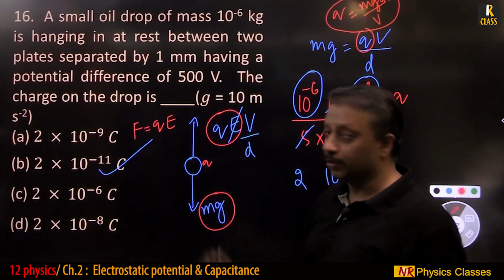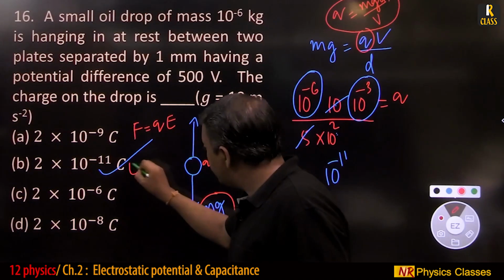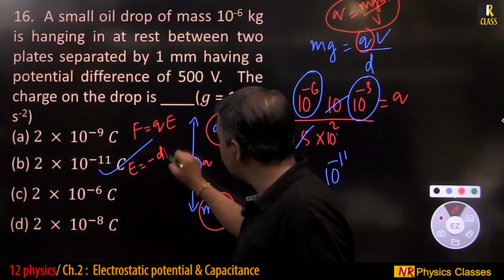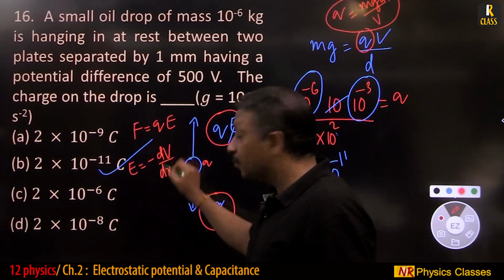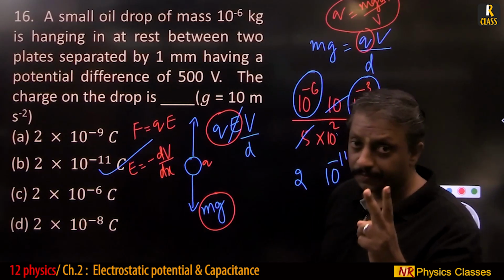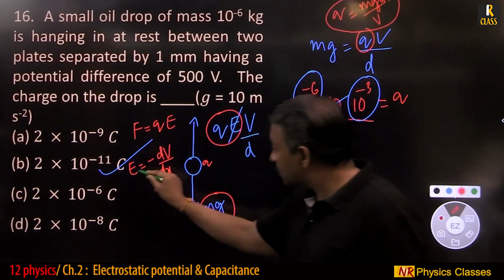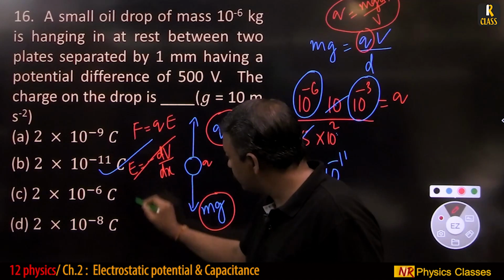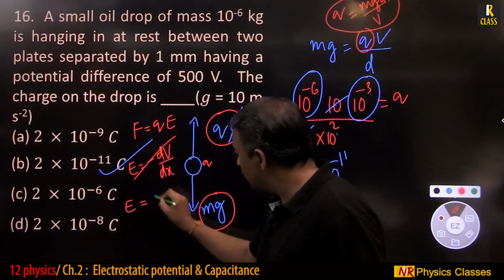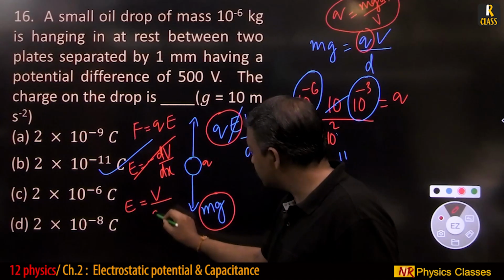This is the upward force. And electric field is equal to minus dV by dx, the negative potential gradient, from the second chapter, the relation between electric field and potential. So the same equation can be modified to E equals potential difference by distance between the plates.